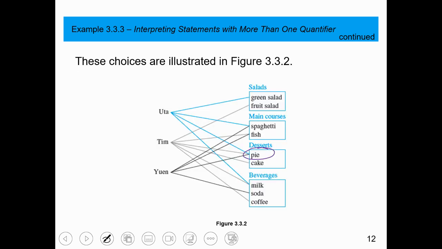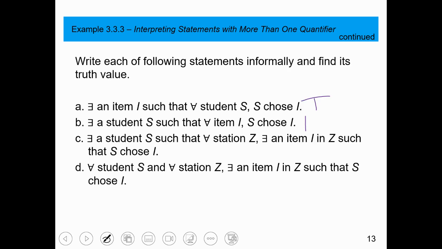Well, Tim tried. He came pretty close. He selected quite a few things, but he did not select every item. So, no, that's not going to be possible. I can't find a student that selected every item. So, this one is going to be false.